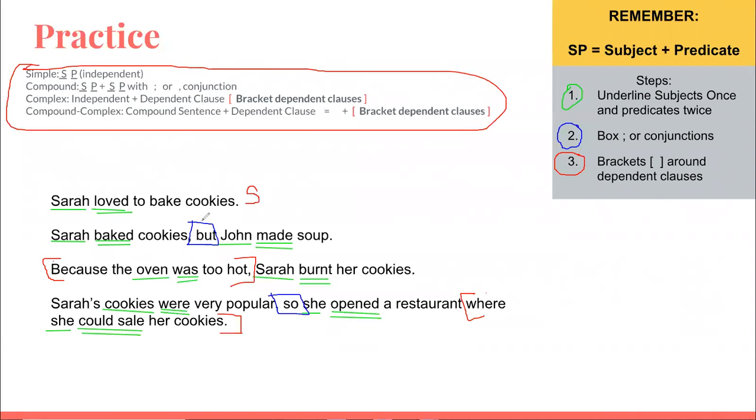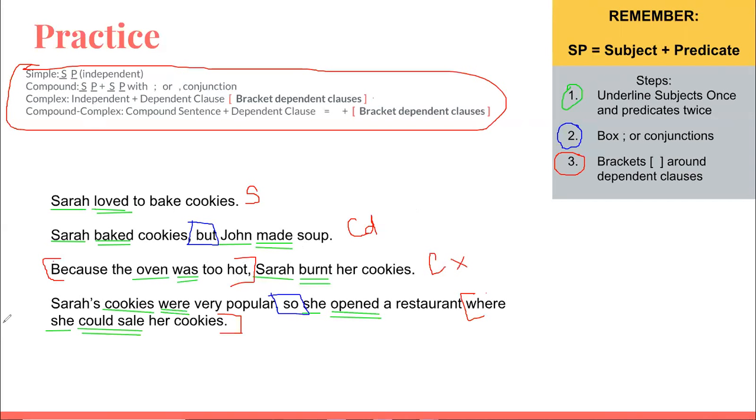I have a box here, a subject and a predicate, and another subject predicate. So that is compound, and I'm going to put CD for compound. Here I don't have a box, but I have a bracket. The one that only has brackets is this one. So this would be complex, which is CX.